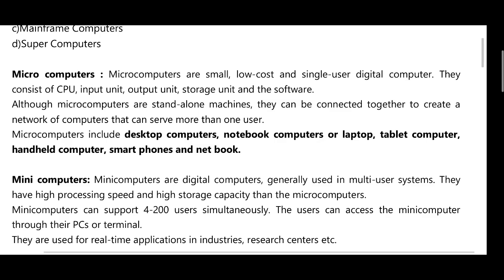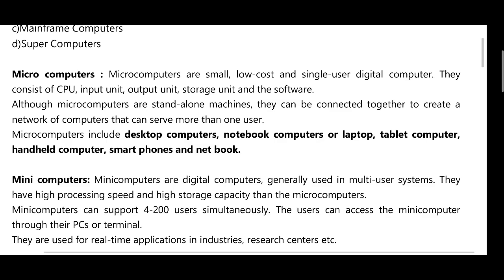They consist of CPU, input unit, output unit, storage unit, and software. Although microcomputers are stand-alone machines, they can be connected together to create a network of computers that can serve more than one user.